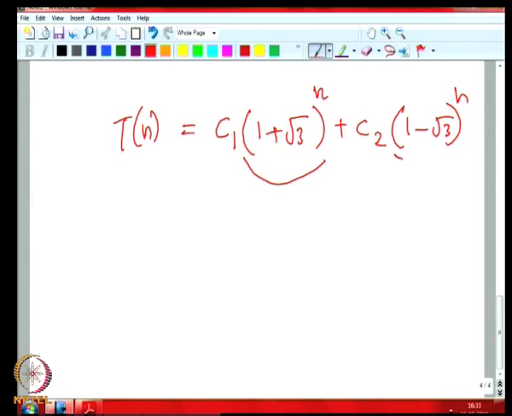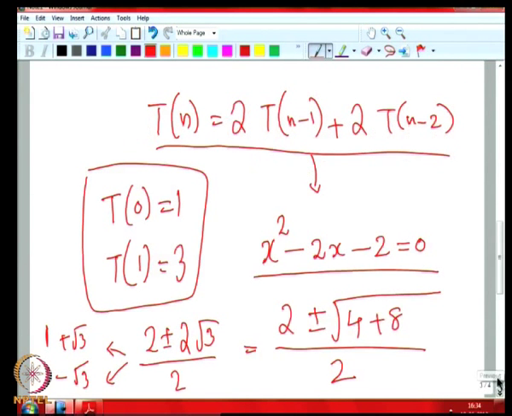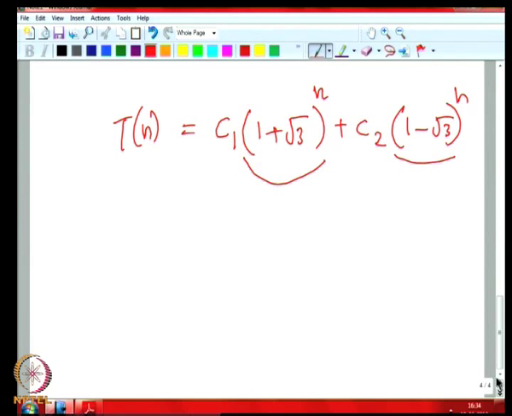Similarly, if I substitute 1 minus root 3 raised to n for T of n, this recurrence relation will be valid because 1 minus root 3 is also a solution. And any constant C1 times 1 plus root 3 raised to n is a solution for T of n, and any constant C2 times 1 minus root 3 raised to n is a solution for T of n, and so on. This will be valid for n greater than or equal to 2.